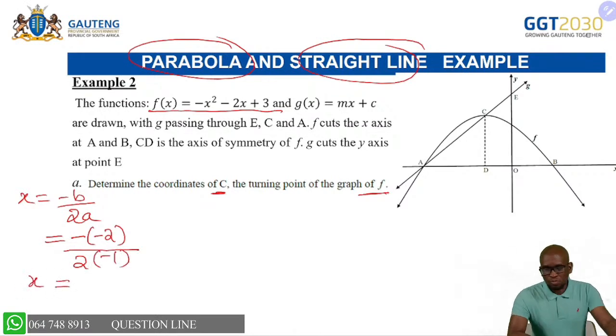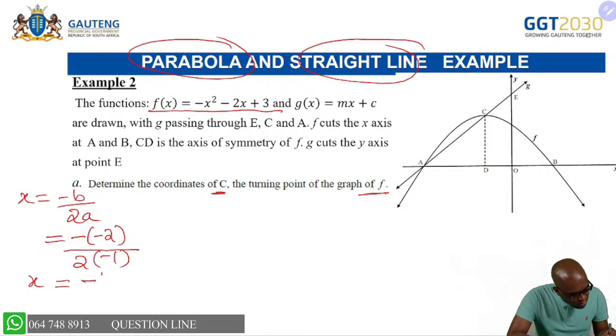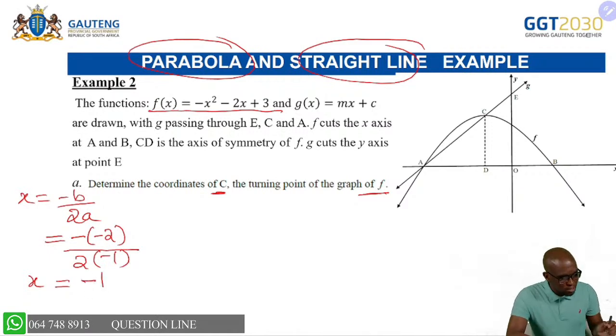So x would be equal to minus negative 2 over 2 times negative 1, which is 2 over minus 2. That should give us minus 1. So that is the value of the axis of symmetry.